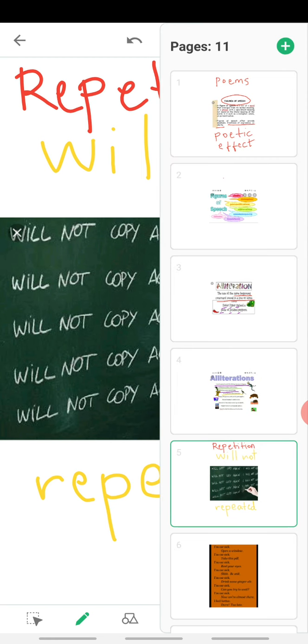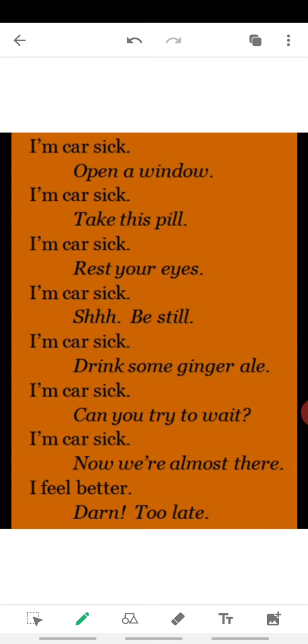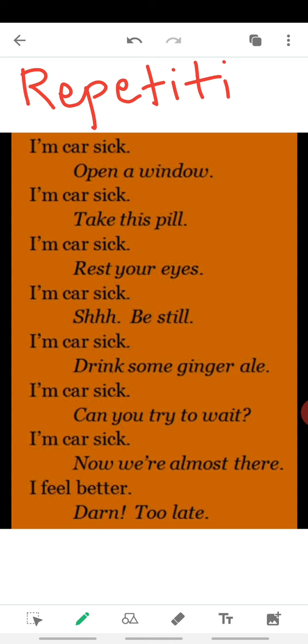Let me show you one more example of repetition. I am car sick. Open a window. I am car sick. Take this pill. I am car sick. Rest your eyes. I am car sick. Shh, be still. I am car sick. Drink some ginger ale. I am car sick. Can you try to wait?